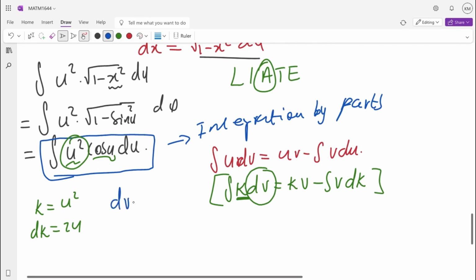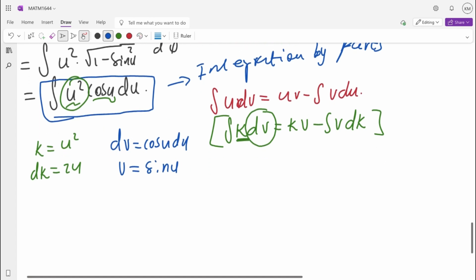So let's quickly work with that. We know that dv is cos u du. Remember, here we take the integral to get v. So the integral of cos u is sine u. Don't make the mistake of saying it's negative. It's going to be sine u, just like that. Therefore, the integral of u squared cos u du is the same as kv, where k is u squared.